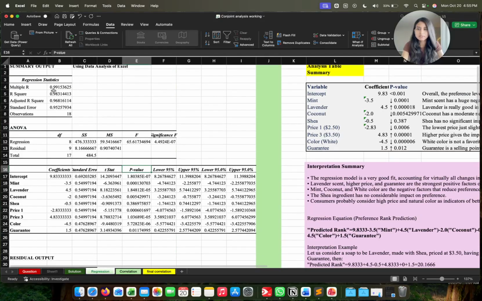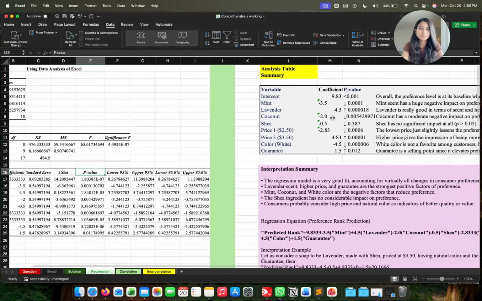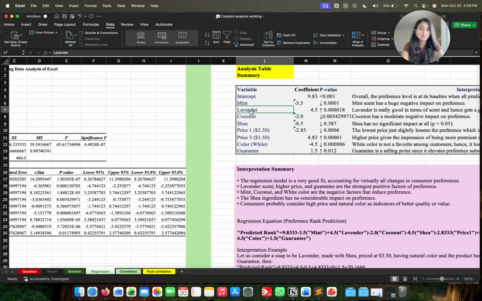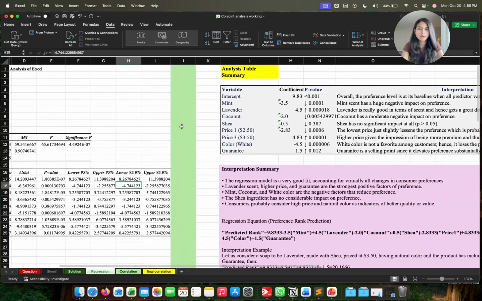We got our regression statistics, ANOVA, different coefficients, p-values. So I've abstracted the regression analysis table into a summary table where I'll be defining the regression solutions which are important for our analysis.